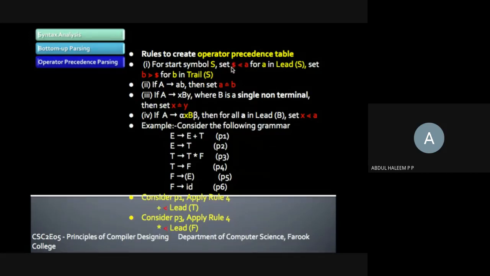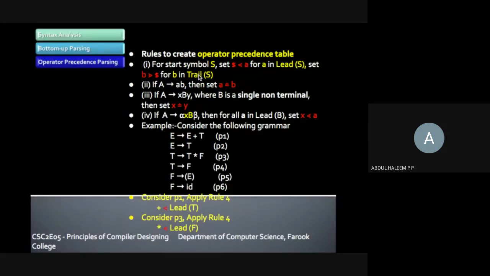Dollar will have lesser precedence than all the elements in Lead(S), and all the elements in Trail(S) will have higher precedence than dollar. That is the operation, for all A in Lead(S) and for all B in Trail(S). I hope you have noted down this first rule.